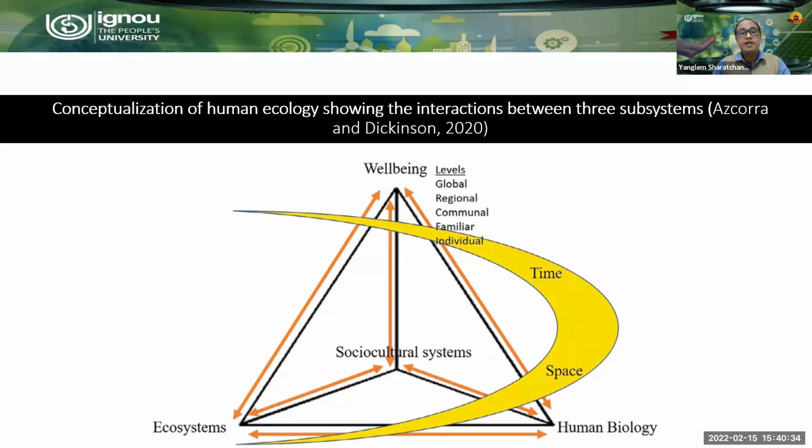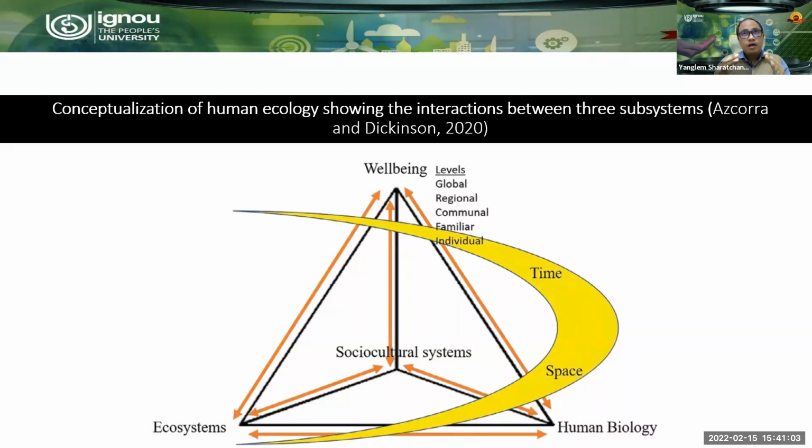From that perspective, human ecology can be looked into, in a broader sense, as three important systems: the ecosystem, the socio-cultural system, and the human biology point of view. Human biology looks at the individual level, right? When we talk about well-being, sustainability is for what? It is for our well-being.